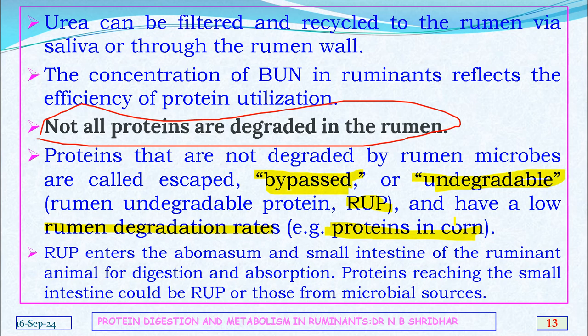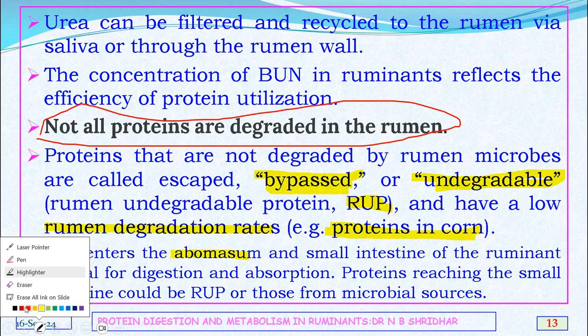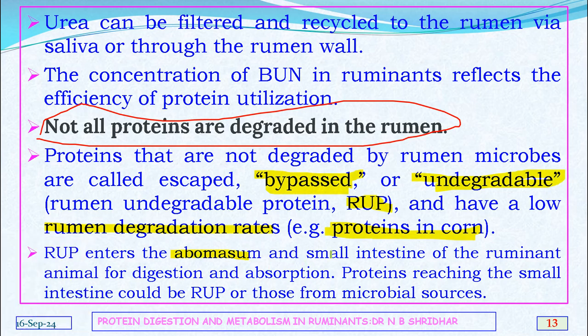Rumen undegradable proteins enter the abomasum, and later go to the small intestine of the ruminant animal for digestion and absorption. So proteins reaching the small intestine could be rumen undegradable or rumen unutilized proteins, or those from the microbial source.